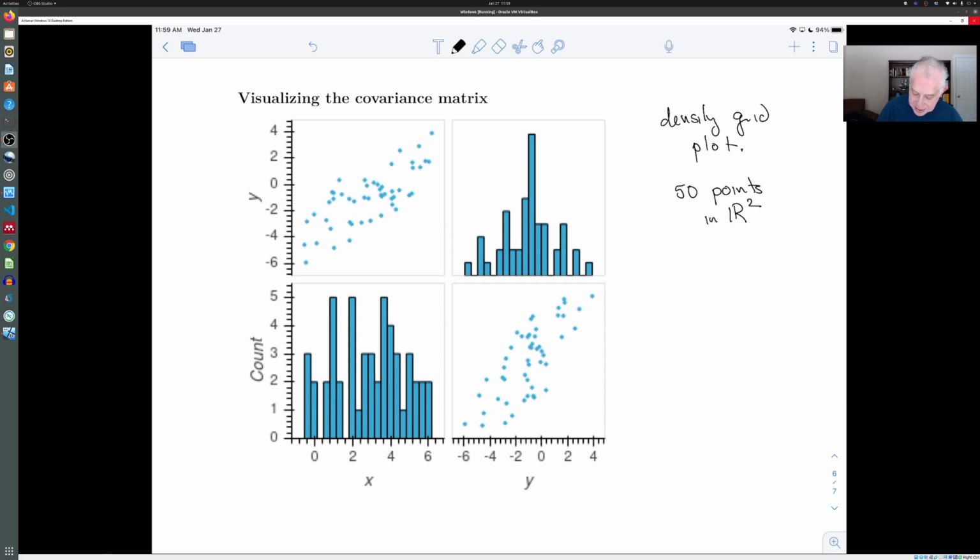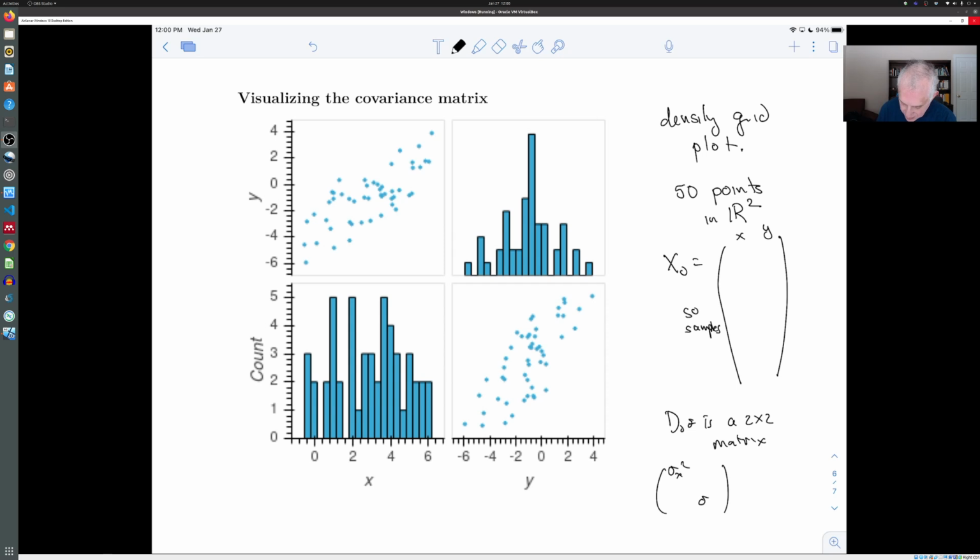So our data matrix, X0, is 50 by 2. 50 samples, 2 columns corresponding to X and Y. And the way we visualize the covariance matrix is we have a 2 by 2 matrix here, so D0 in this case is 2 by 2, and its entries are the variances of X and Y and the covariances of X and Y.